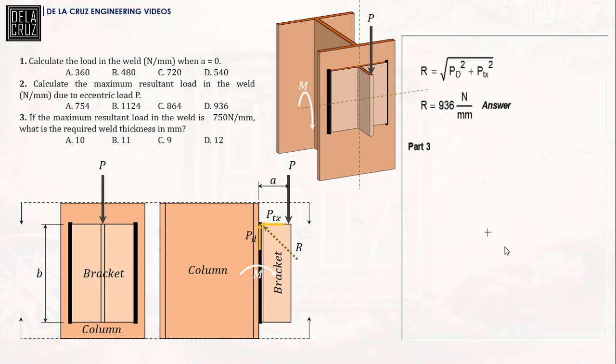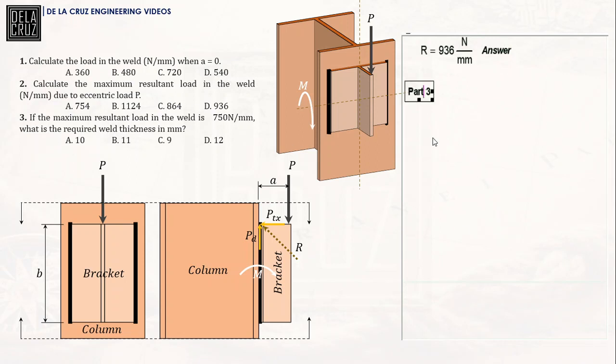Okay, part 3. So, consideration natin para makuha natin yung weld thickness, that would be the allowable weld shear stress should be always greater or equal to the actual shear stress ng ating weld. Ito talaga yung consideration natin, no? Now, we have here given the allowable weld shear stress. Ano yung FA natin?